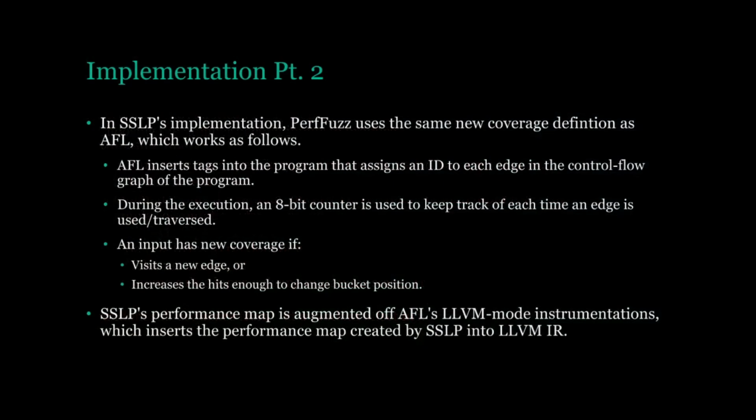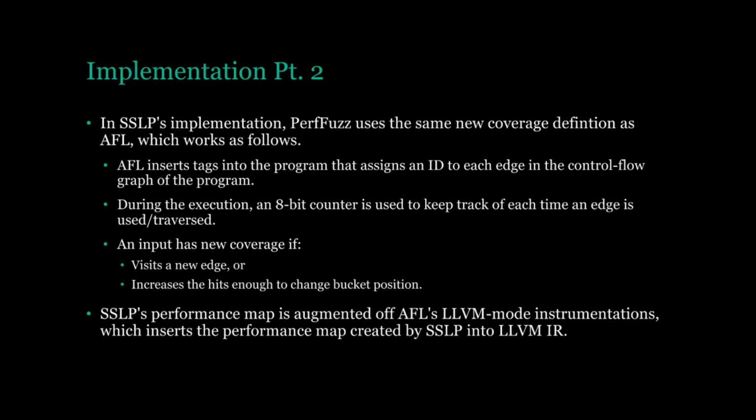So again, in SSLP's implementation, PerfFuzz uses the same new coverage definition as AFL, which works as follows. AFL inserts tags into the program that assign an ID to each edge in the control flow graph of the program.